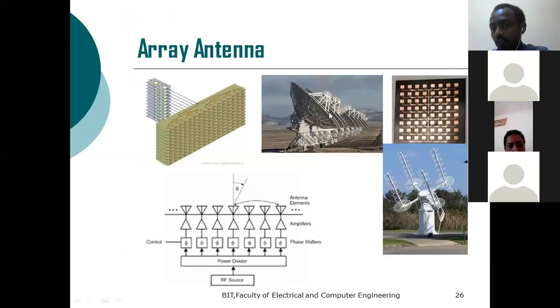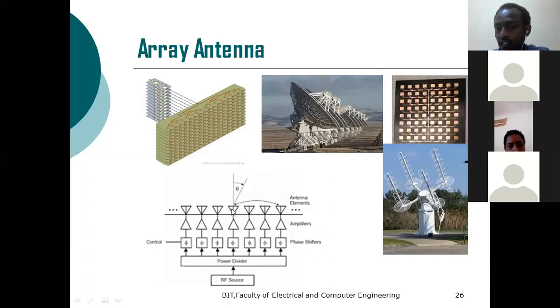This is array antenna made of reflector or parabolic structure. This is array antenna made up of microstrip antenna or patch. This is array antenna made up of Yagi. You see, this is how we can represent an array antenna.